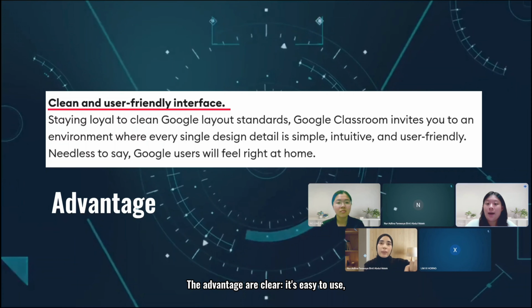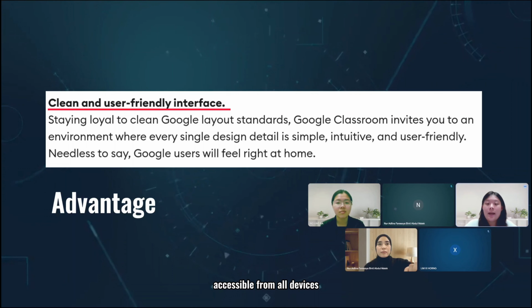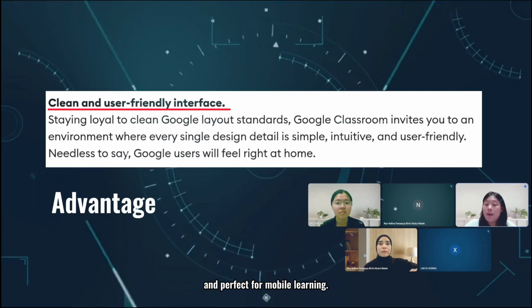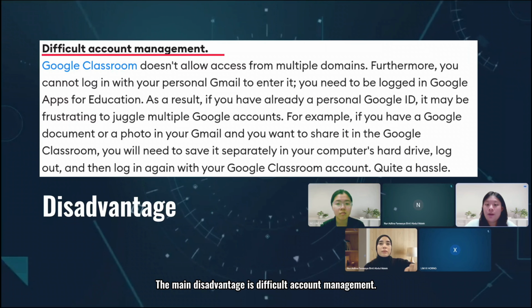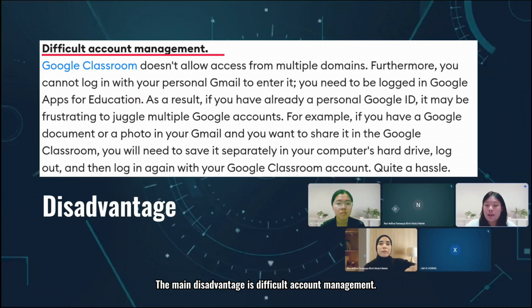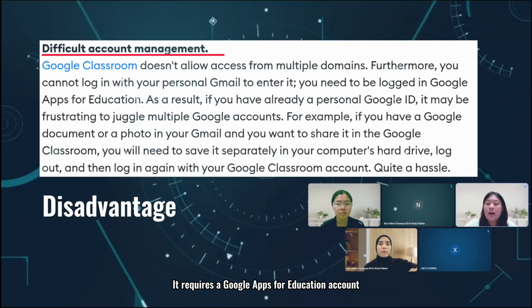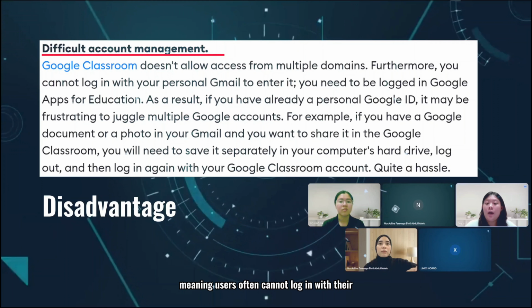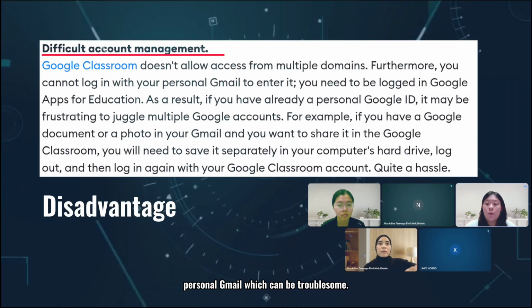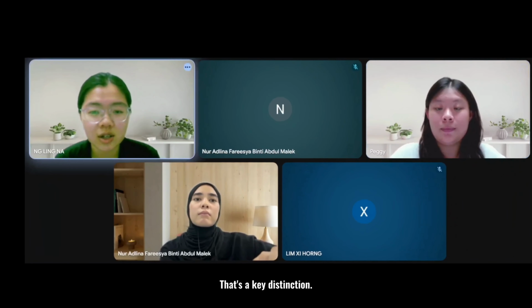The advantages are clear: it's easy to use, accessible from all devices, and perfect for mobile learning. The main disadvantage is difficult account management. It requires a Google Apps for Education account, meaning users often cannot log in with their personal Gmail, which can be troublesome. That's a key distinction.